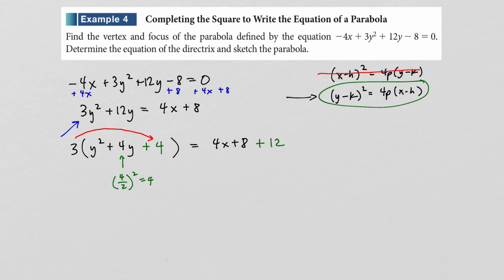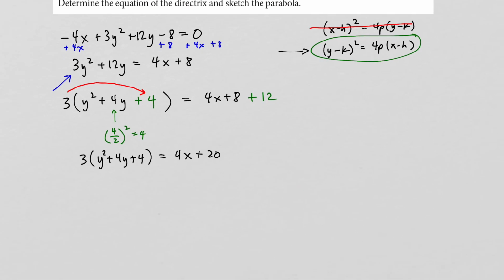So now what I have is 3 times y squared plus 4y plus 4 is equal to 4x plus 20. And we're almost done putting it into this form over here. All I need to do is factor this. So we have 3 times y plus 2 quantity squared equals, factor out the 4 here, we get 4 times x plus 5.